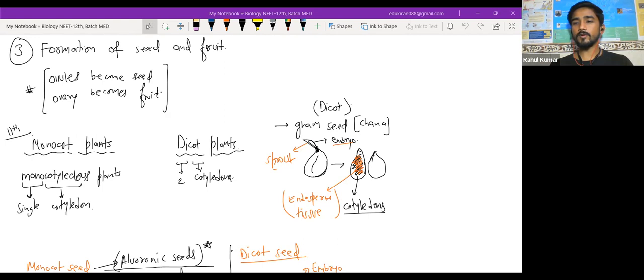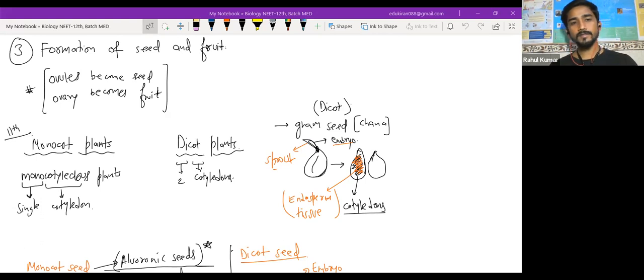So the second stage is formation of zygote and embryo, in which we also discussed what a zygote is, what an embryo is, and where they are present. And the third stage is the formation of seed and fruit, which is the final packaging that comes out as the result of sexual reproduction in plants.